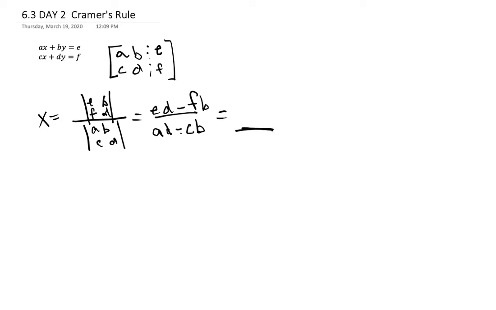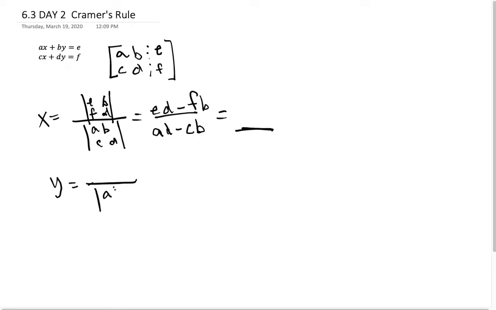To find y, it's the same concept. You have the determinant of the a, b, c, d on bottom. And then on top, it's the a, b, c, d, but now the y's are replaced with the e and the f. So we have your a and your c, but now your e and your f is right here.